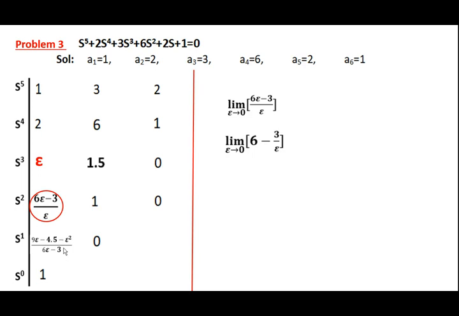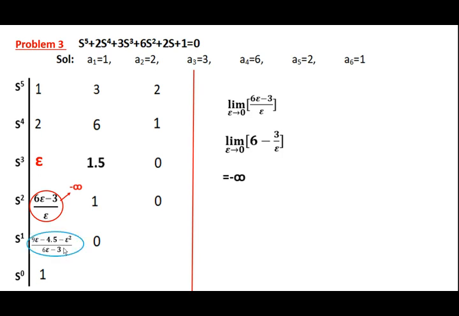Substitute epsilon equal to 0 here. 3 divided by 0 is infinity. 6 minus infinity is minus infinity. So you are getting a negative sign for this. So this is minus infinity. Even if it is an infinity value, you should consider whether it is positive infinity or negative infinity. So for 6 epsilon minus 3 divided by epsilon, you can write the value as minus infinity. So the sign for the first column element is minus infinity.